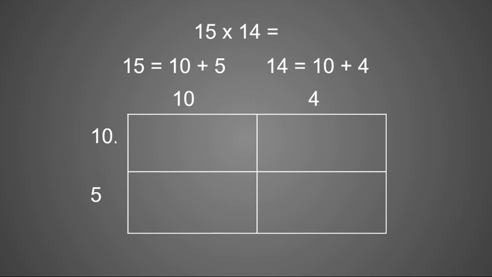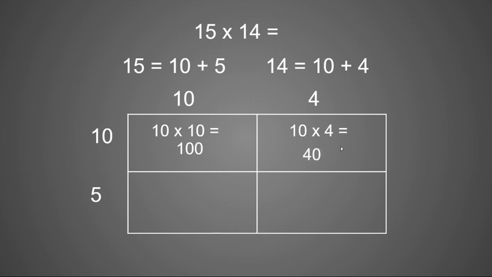Now, just like we did with area model before, we're going to take the number to the left and multiply it times the number above. So 10 times 10. 10 times 10 is 100. Then I'm going to take my 10 that's to the left, slide it all the way over to the right, and multiply it times the number above. So 10 times 4 makes 40.